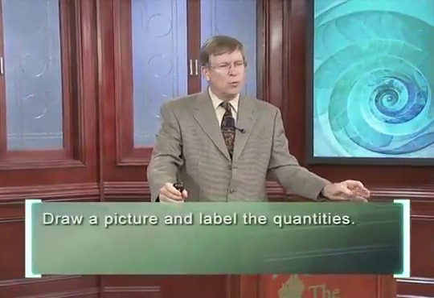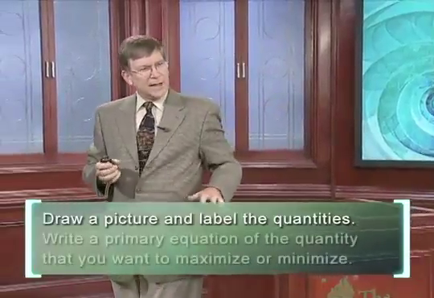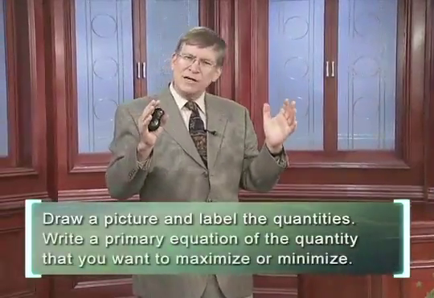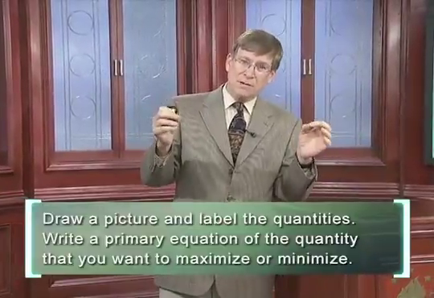Let's extract some guidelines on how to attack these optimization problems. I highly recommend that the first thing you do, besides reading the problem, and it might take 2 or 3 times to read through it, is draw a picture. Label the quantities in your diagram, just like I did with the box. And then write down a primary equation of the quantity you want to maximize or minimize.